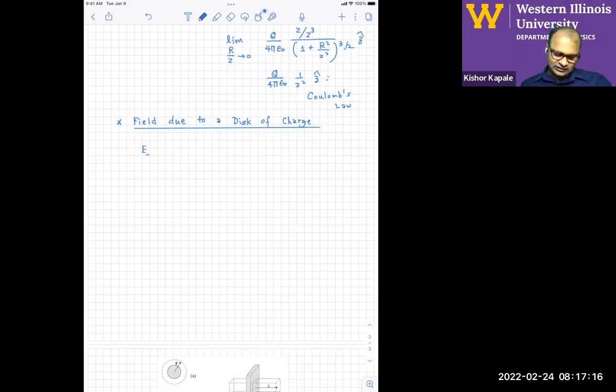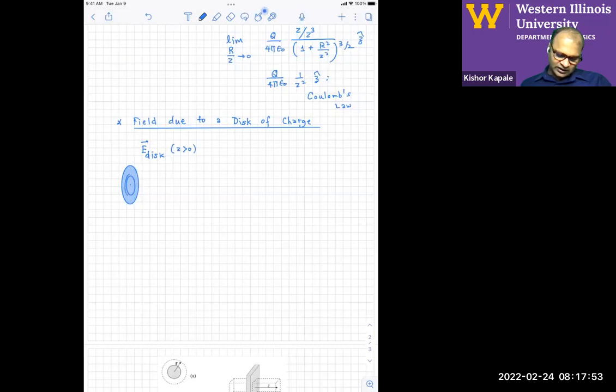So E of the disk, again at points that are z greater than 0, so above that axis. Let's think about that disk as like this, but now I'm going to shade this whole thing, because the charge is now situated everywhere in that shaded area. And let's say the center is somewhere here.